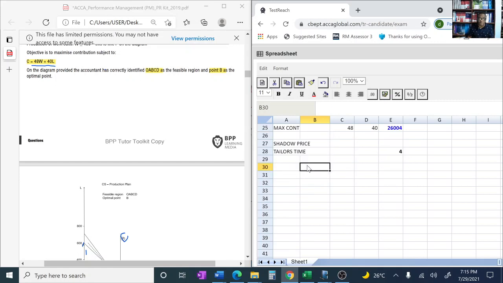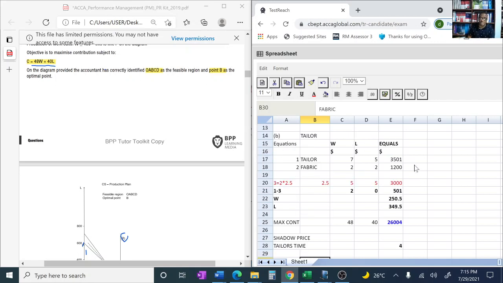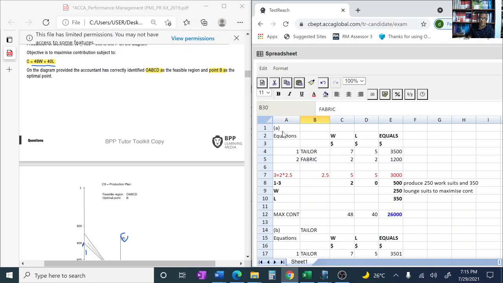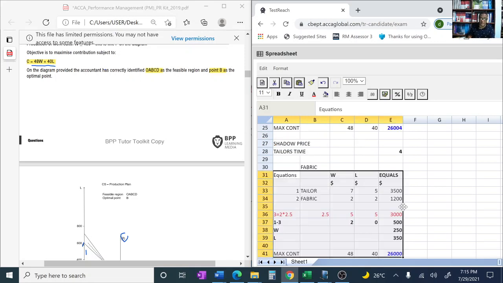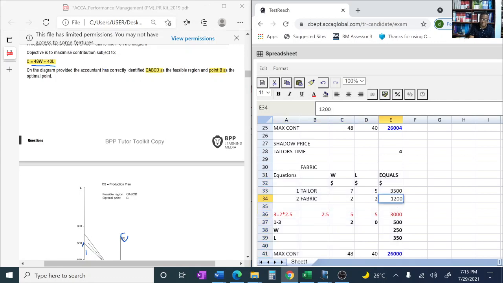Now, if I want to find the shadow price for fabric, I'm going to take the original equation again. So watch, I'm copying the original equation, Control C. I'm coming to paste it down here, Control V. But this time I'm changing the fabric to 12,001, keeping the 3,500 intact.